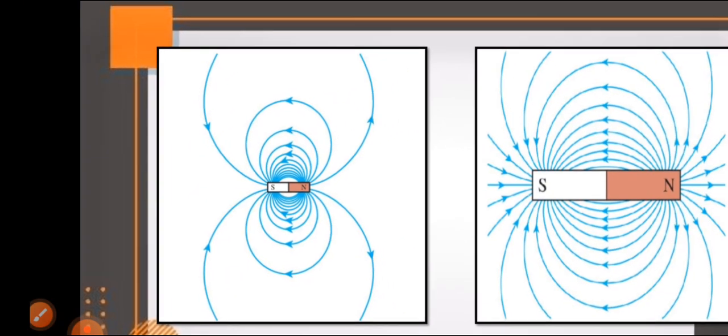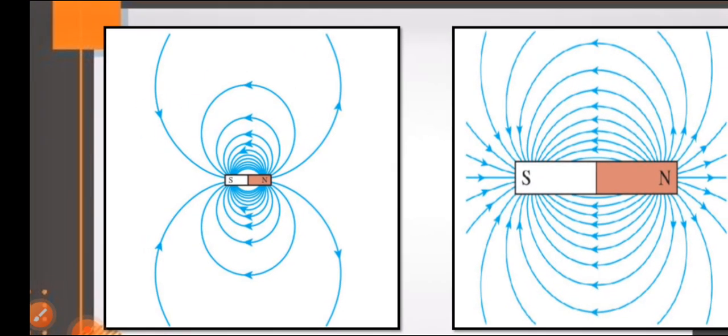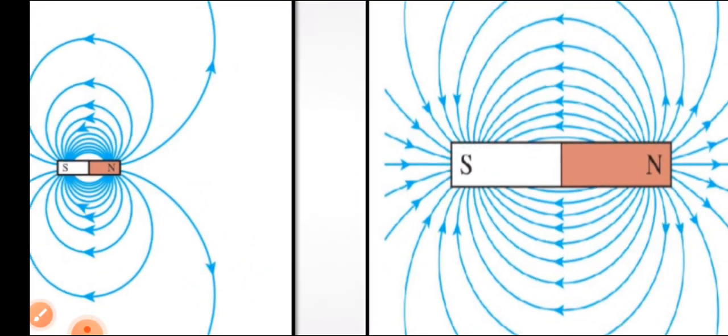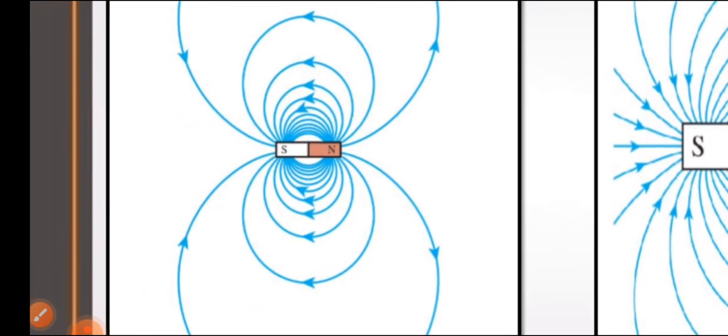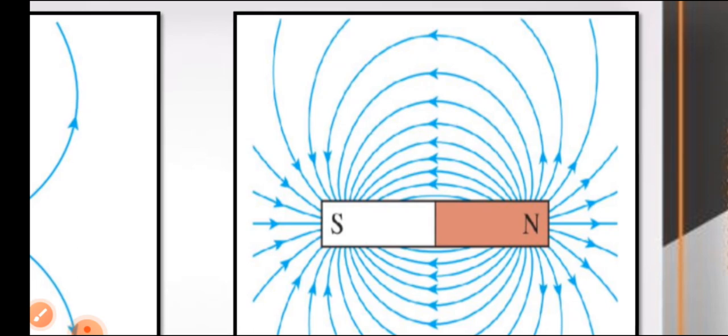As you move away from the magnet, the field lines are farther apart, indicating a weaker field. Consider this second picture. Closer to the magnet, we can more clearly see how the field lines always start at North Poles and end at South Pole.